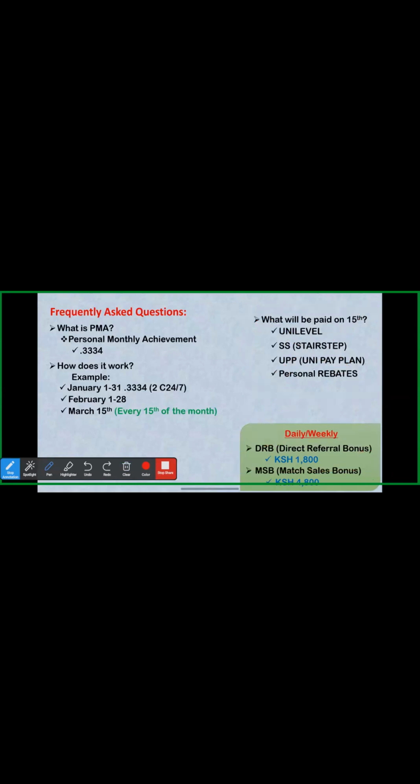Okay. If you don't do your PMA for the next month, when that next month comes, you will only be enjoying the direct connecting bonus. You'll not be enjoying the 4,800, nor will you be enjoying the unilevel, stair step, UPP, my rebate. So basically it's as if you have said, I am satisfied with money, I don't want anything else.